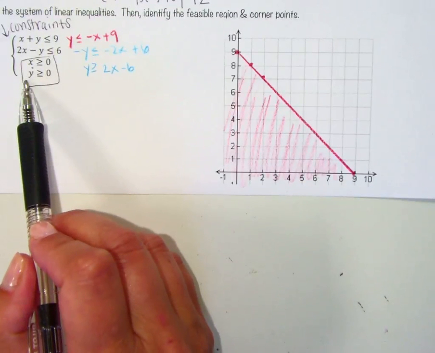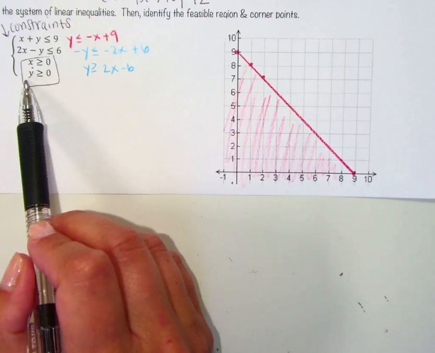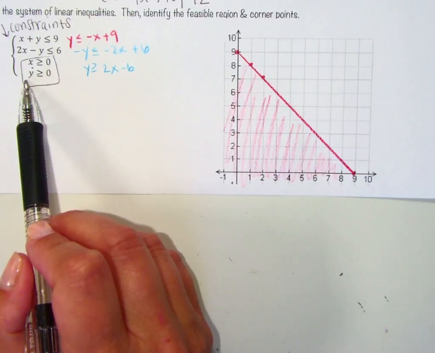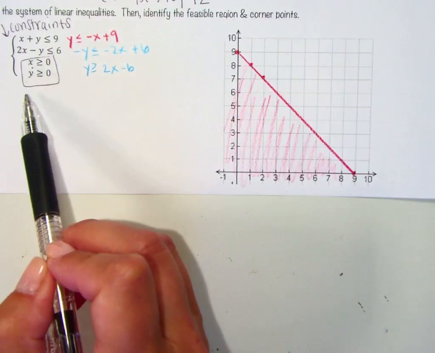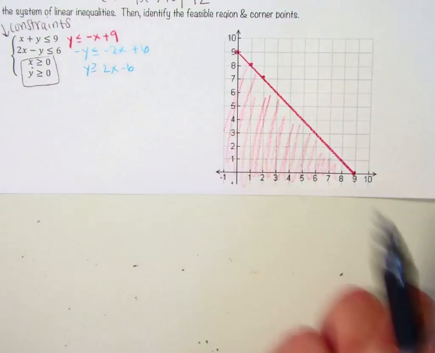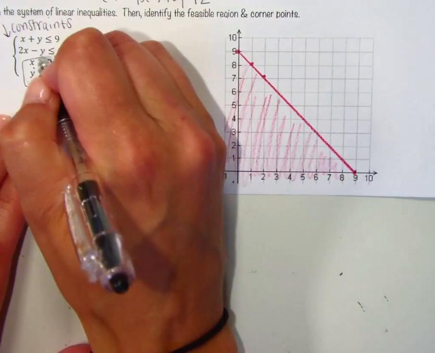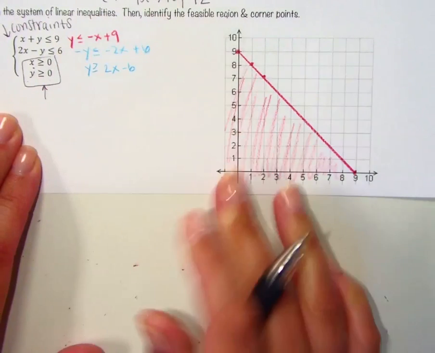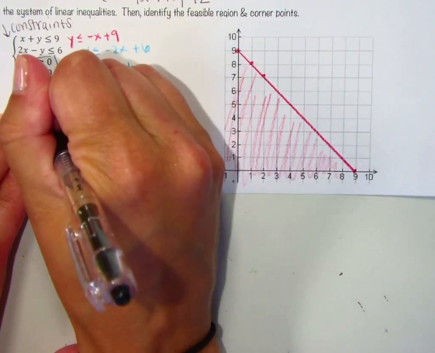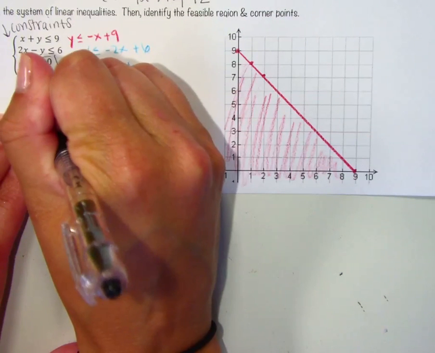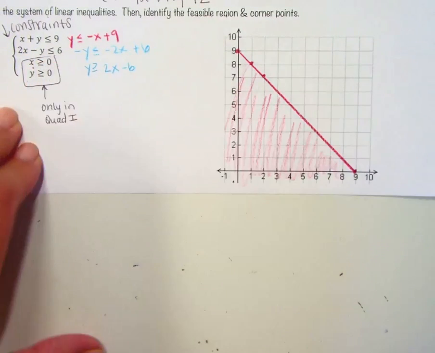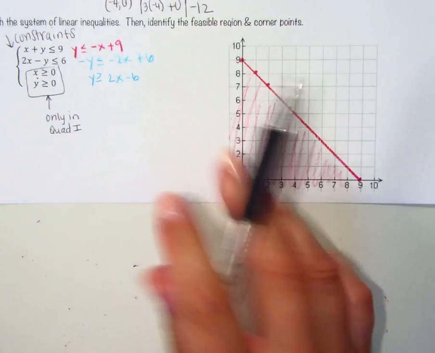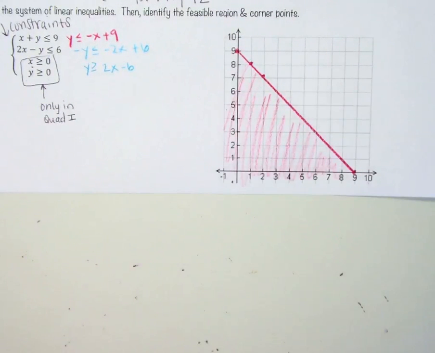This means you're only working with positive y values. The only quadrant on your coordinate grid where you have all positive x and y values is the first quadrant. So when you see these two together, understand that you are now only in quadrant 1, which is why I gave you that specific graph.